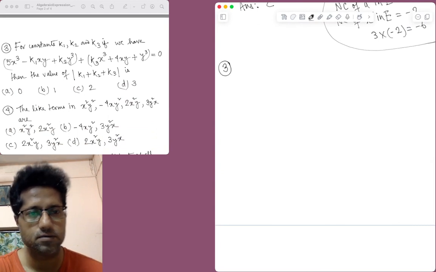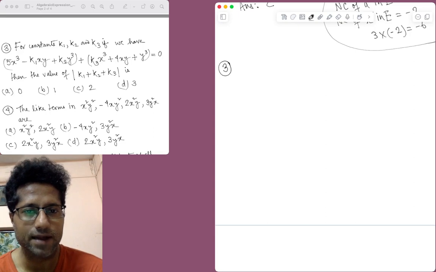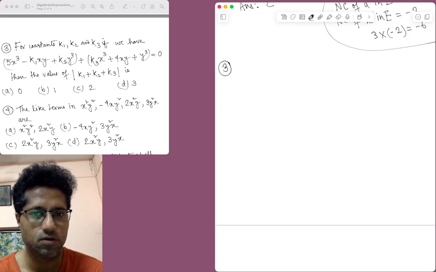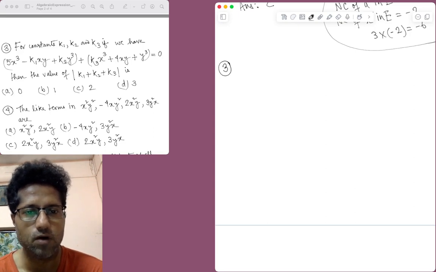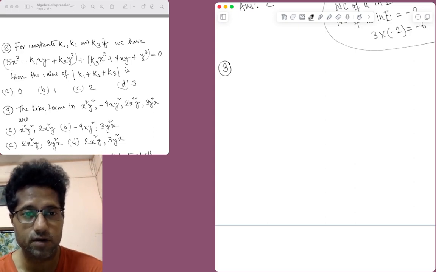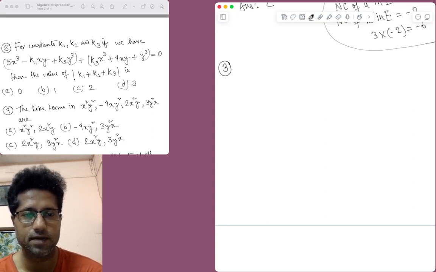Question number 3 says, for constants k1, k2 and k3, if the addition of two algebraic expressions equals 0, then find the value of the absolute value of k1 plus k2 plus k3. It is given that k1, k2 and k3 are constants, they are not variables, even though they are being represented by letters.